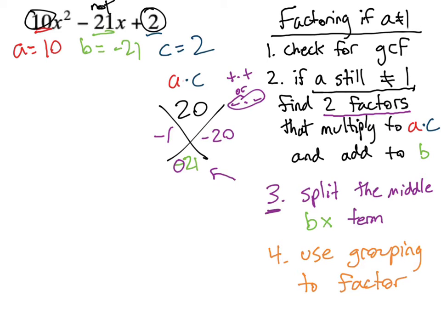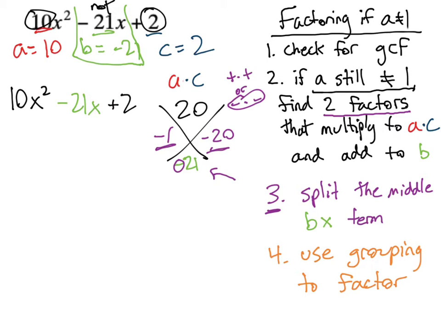This term that's in the middle of our trinomial, this negative 21x, we can split that up using this negative 1 and that negative 20 we had. So we're going to keep our leading term the same, 10x squared, but this negative 21x, here maybe I'll just rewrite this down here so I have a little bit more space.